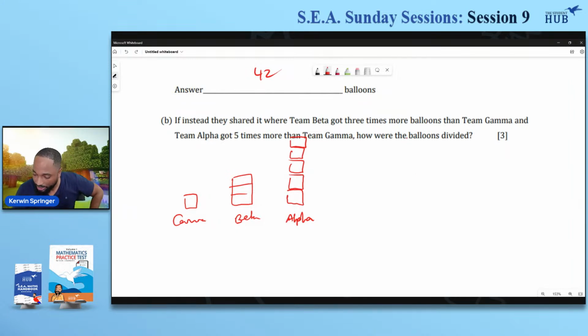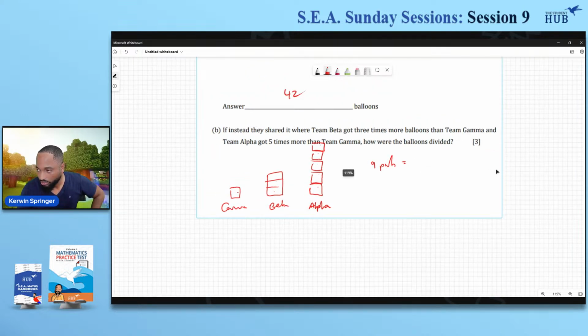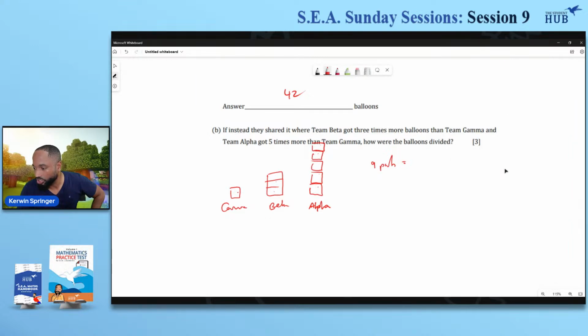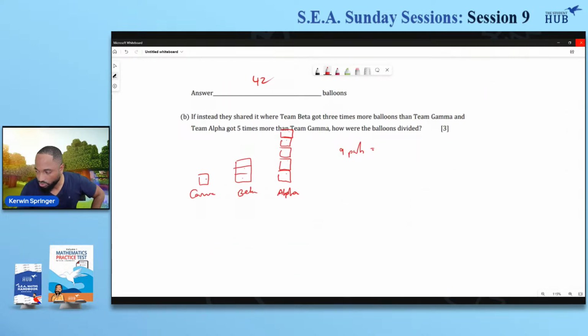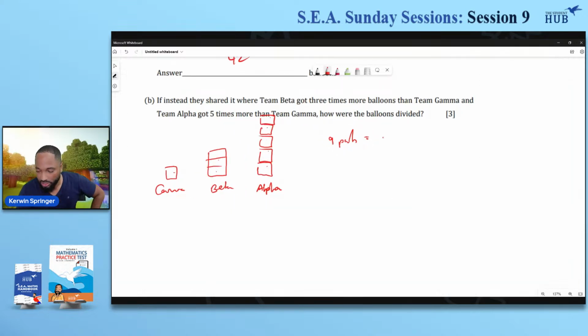How were the balloons divided? Okay, fine. So how many parts? 1, 2, 3, 4, 5, 6, 7, 8, 9. We do this a lot. 9 parts equal how much? What is the total? 9 parts was 126 balloons. Is 126 divisible by 9? 126 divided by 9 is 14 balloons for 1 part.